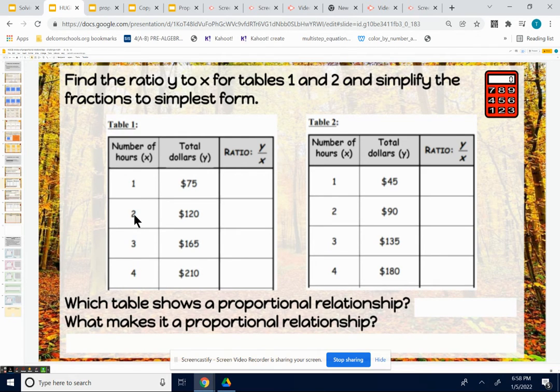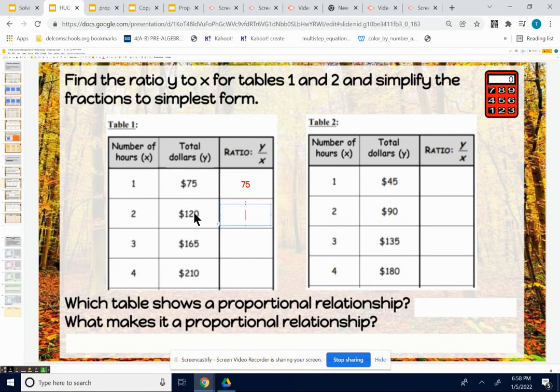After 2 hours of work, they've made $120. After 3 hours, $165. After 4, $210. So we're going to find the ratio dollars per hour. We're going to take dollars divided by hours. 75 divided by 1 is 75.